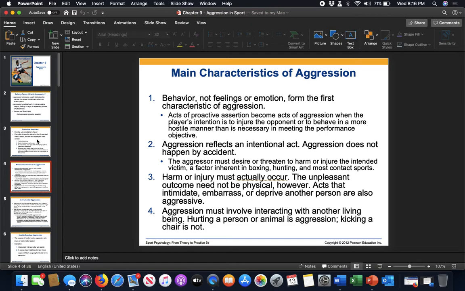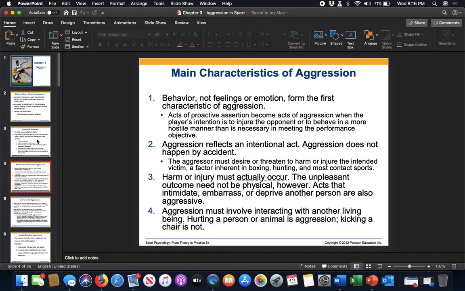Aggression must also involve another living being. Hurting a person or an animal is aggression. Like it says, kicking a chair is not. So if it's an object, if it's a towel or a ball, or if you get mad during a basketball game and you pick up the basketball and kick it as far as you can, it wouldn't necessarily be aggression.